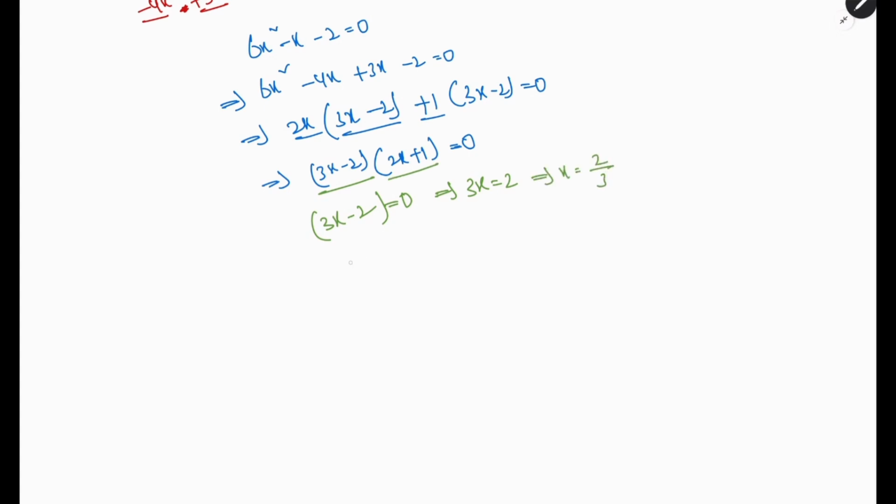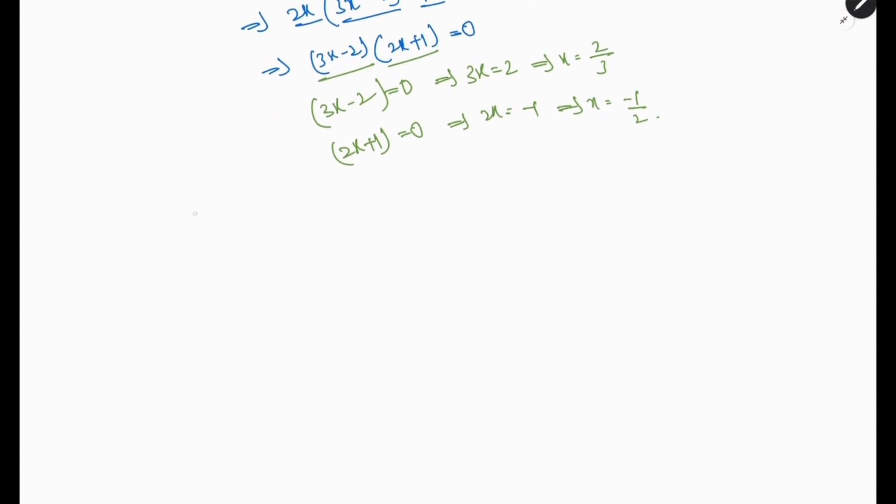If you take 2x plus 1 equal to 0, then 2x equal to minus 1 and x equal to minus 1 by 2. The roots of the quadratic equation are 2 by 3 and minus 1 by 2.